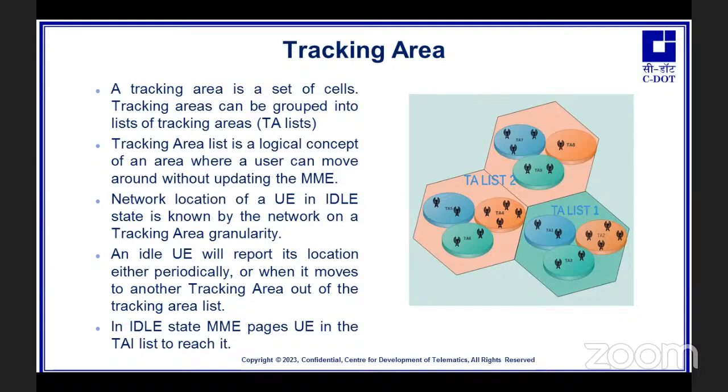Under tracking area, you can define multiple tags. It is similar to a location area. So this is tag 1, say. This is tag 2. This is tag 3. This is tag 4. Tracking area means there is a node B and a certain geographical area, so you can define a particular area as tag 1.